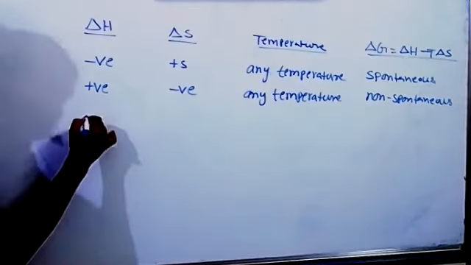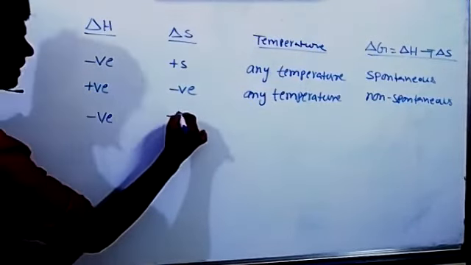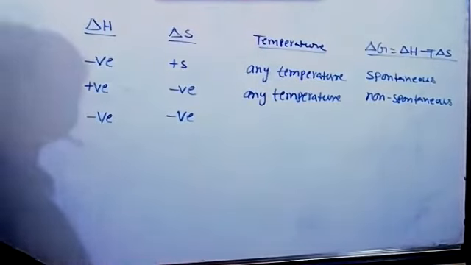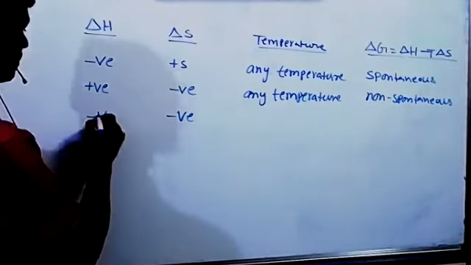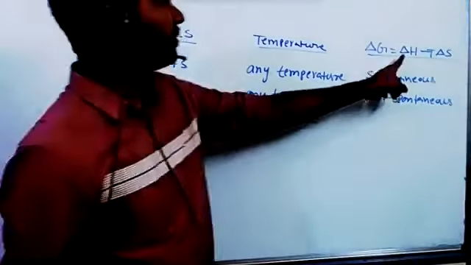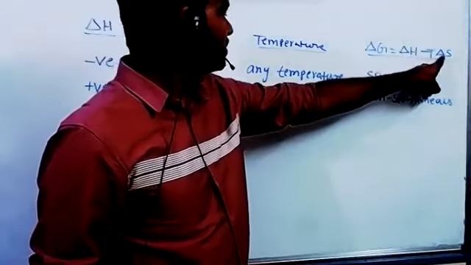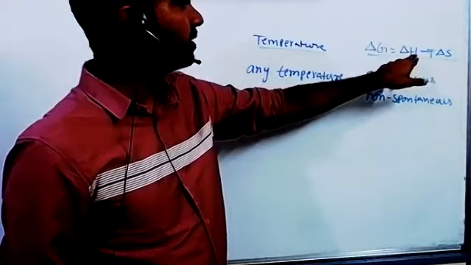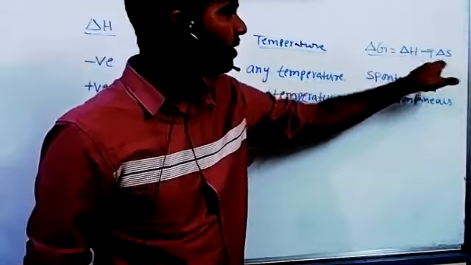Suppose delta H is negative and delta S is also negative. Here, delta H is negative, fine. Delta S is also negative, and negative into negative becomes plus. So the delta H value is negative, and this other value comes out positive.